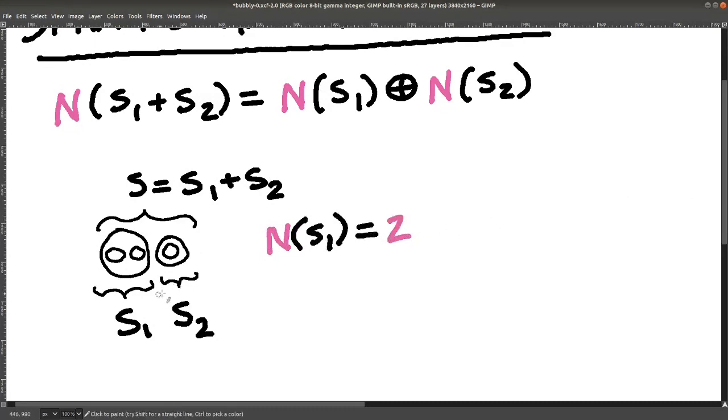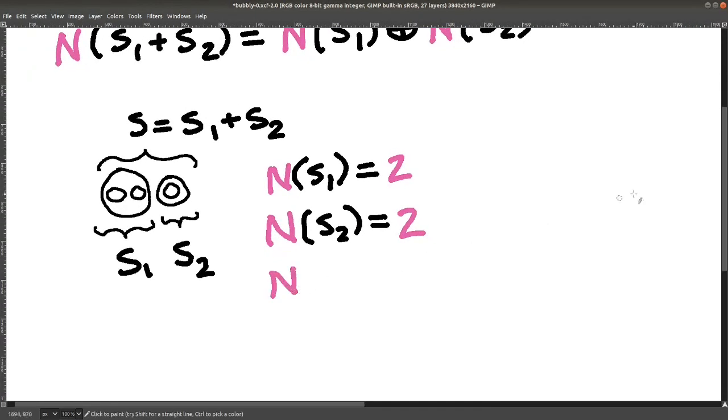Okay, and the nimber of S2 we know is 2. That's one of the easy states. Okay. So the Sprague-Grundy theorem tells us that the nimber of the combined state S1 plus S2, 2 XOR 2, is equal to 0.